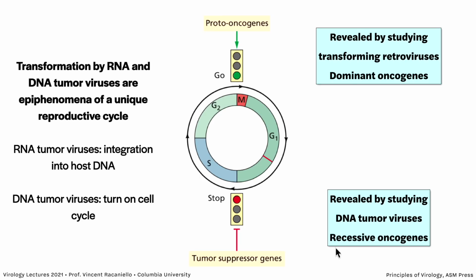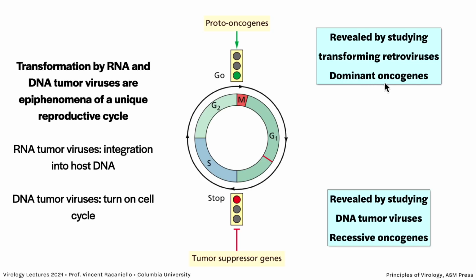We now understand the cell cycle and what controls it. We understand that transformation by these different kinds of viruses are the accidents of a unique reproduction cycle: integration into host DNA of RNA tumor viruses, and the need to turn on the cell cycle for DNA tumor viruses. It's just so beautiful. It makes perfect sense. And we now understand the checkpoint here up at the top from studying these transducing, transforming retroviruses.